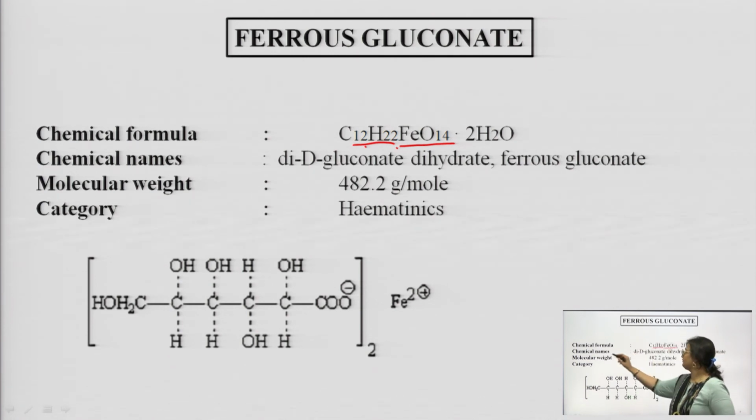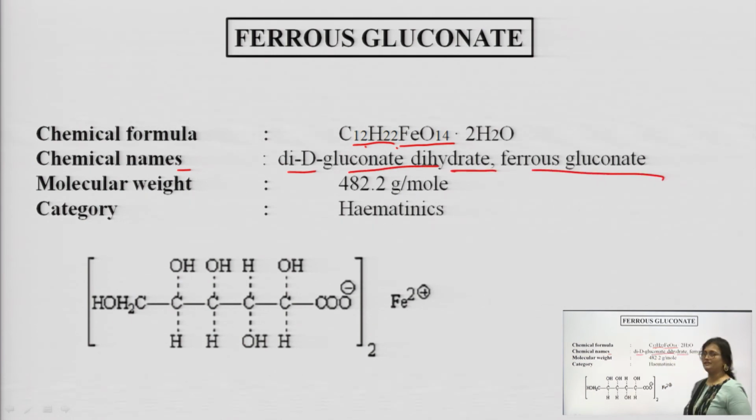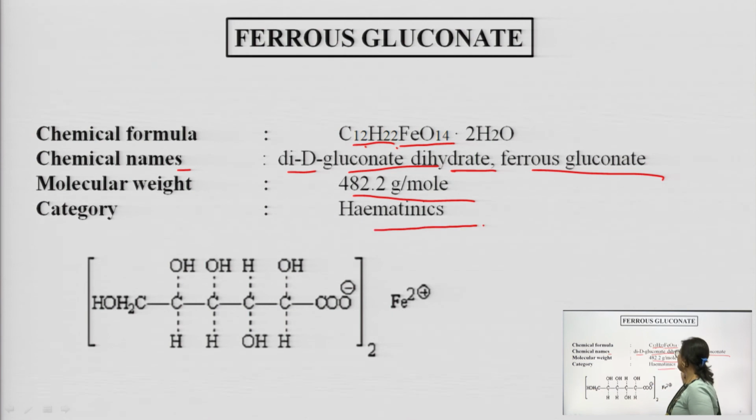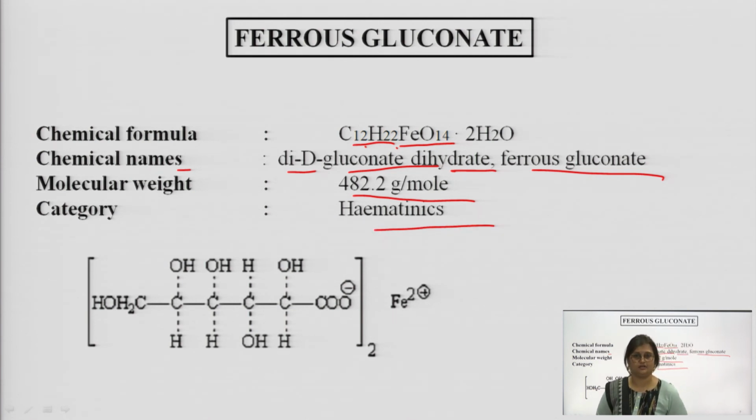The chemical name of ferrous gluconate is di-D-gluconate dihydrate. It has a molecular weight of 482.2 gram per mole. As already mentioned, this belongs to the category of hematinics.